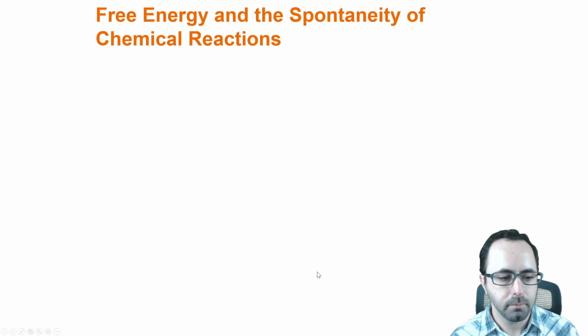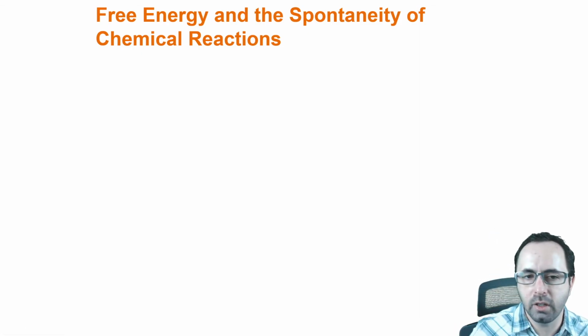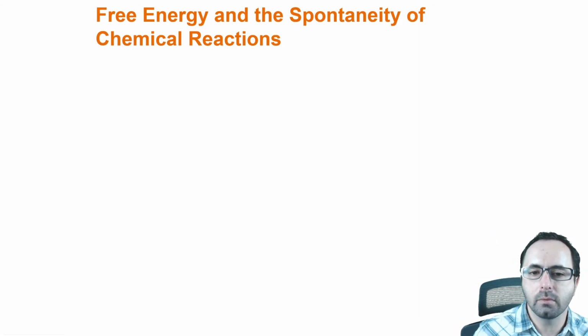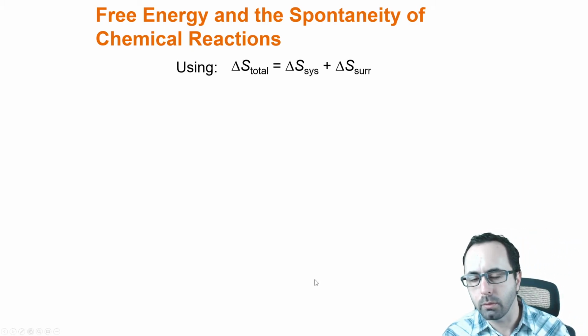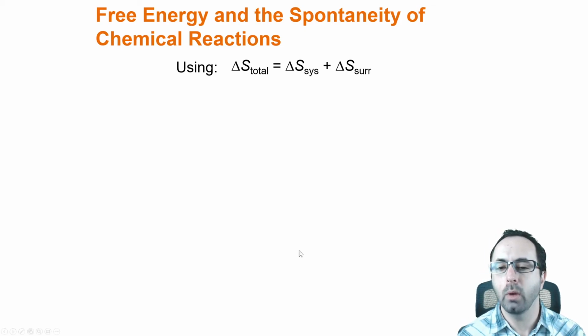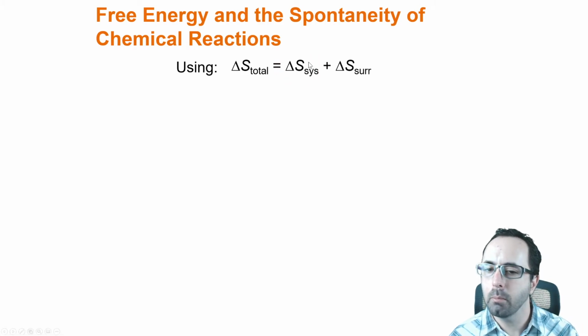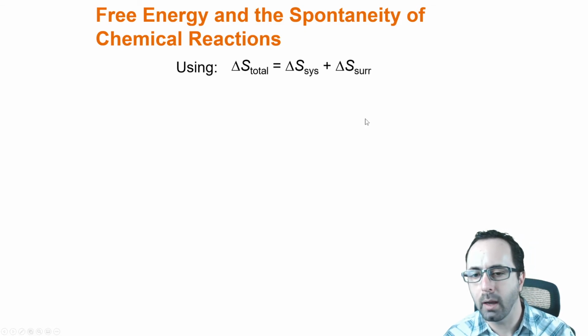So finally, this leads us to the idea of free energy, or Gibbs free energy. And so again, when delta S total is positive, a reaction is spontaneous. And we can measure the delta S of the system pretty easily, but measuring the delta S of the surroundings is quite difficult.